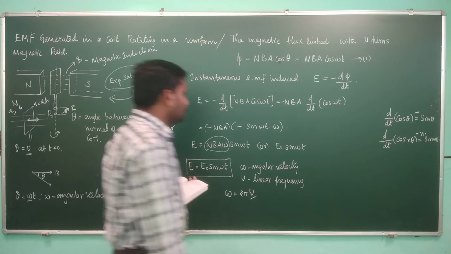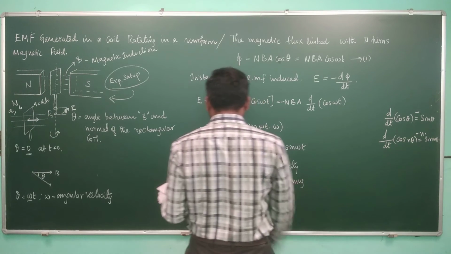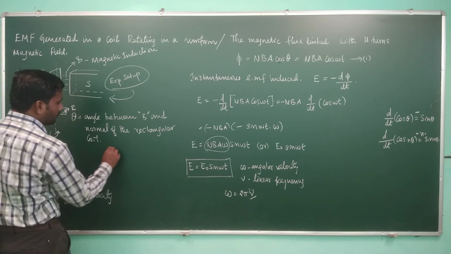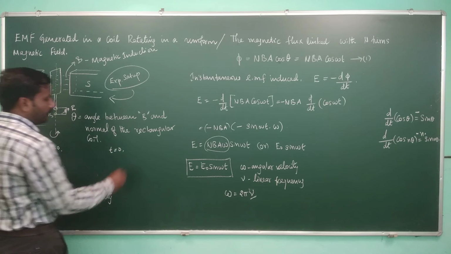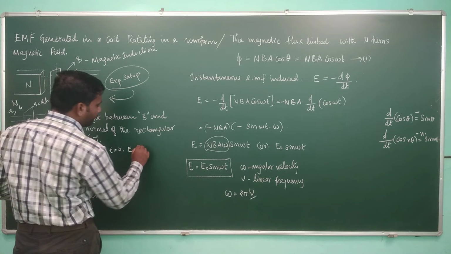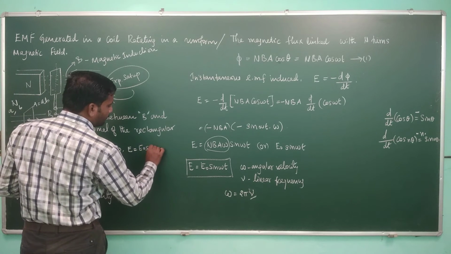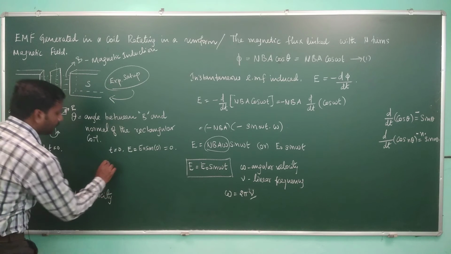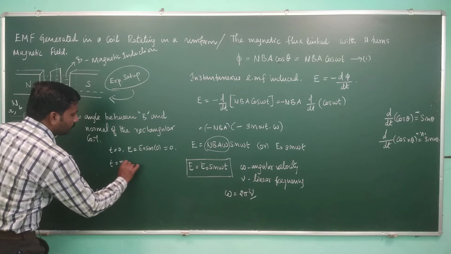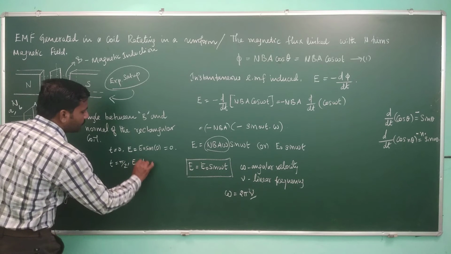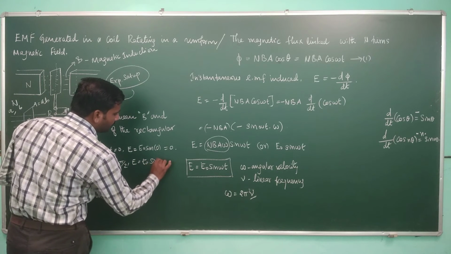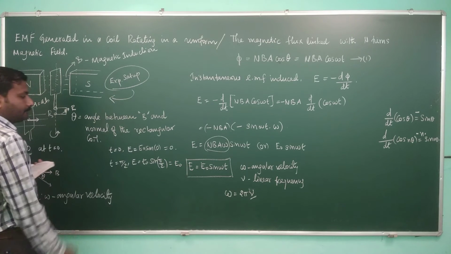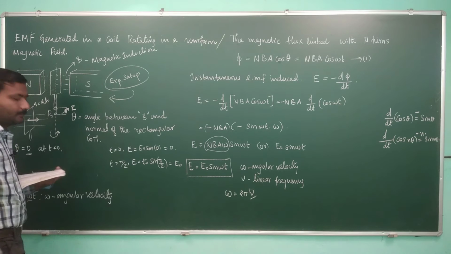Now let's consider some of the situations where we will apply this equation. Let us write this equation for t equal to 0. Then E becomes E naught sine 0, which is equal to 0. Then for t equal to pi by 2, E becomes E naught sine pi by 2, which is equal to E naught, because sine pi by 2 equals 1.